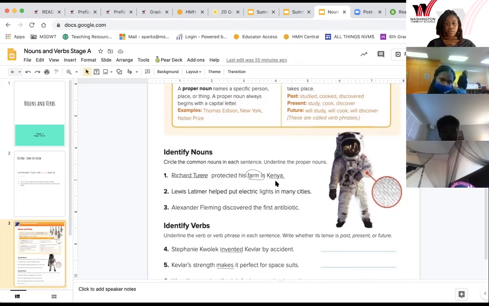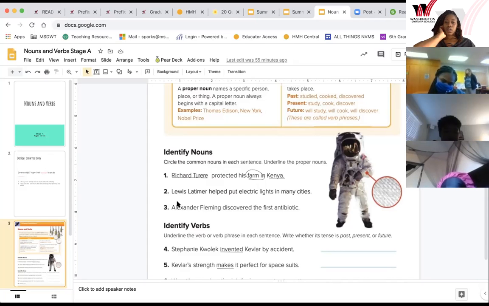Kenya is a country, so it's a specific place. And what else? It has a capital letter. That lets me know it's proper. And then farm is circled because it can be any farm. That's just a common noun.